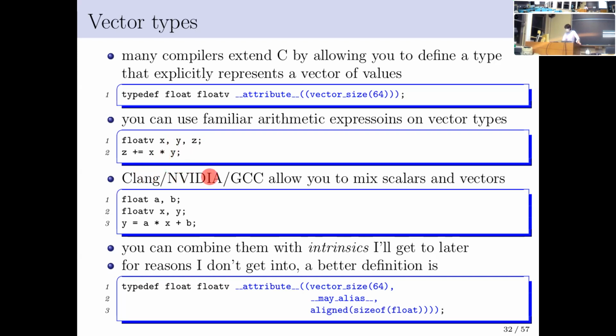And one more pleasing aspect is that all these compilers allow you to mix ordinary scalars and vectors just for your convenience. For example, you have an ordinary scalar float a and vectors x and y. So when you write something like a multiplied by x, it is multiplying a scalar with a vector. But there's no instruction in the CPU that takes one scalar and one vector and multiplies them.